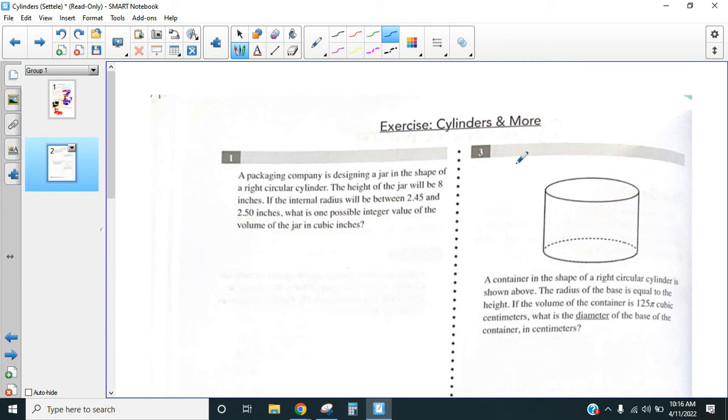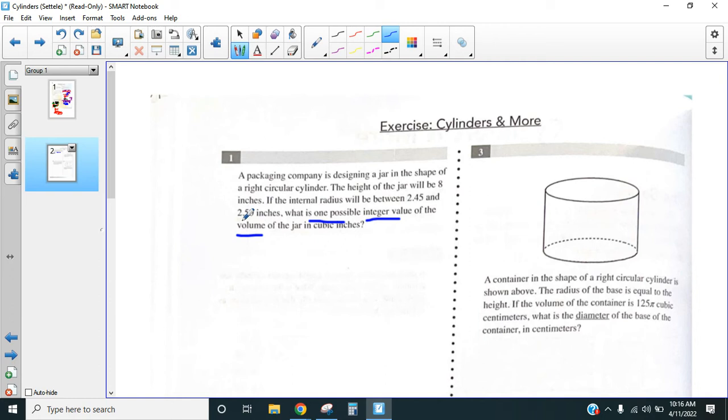Couple notes on these that I want you to try out. Number one's kind of funky. It says, what is one possible integer value of the volume of the jar? Now, what they're saying is the internal radius will be between 2.45 and 2.5. You have some options to choose there, right?